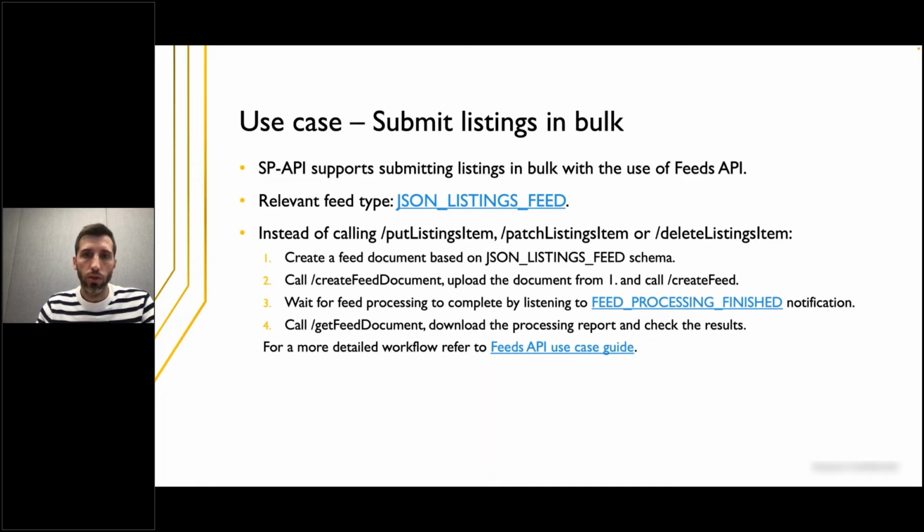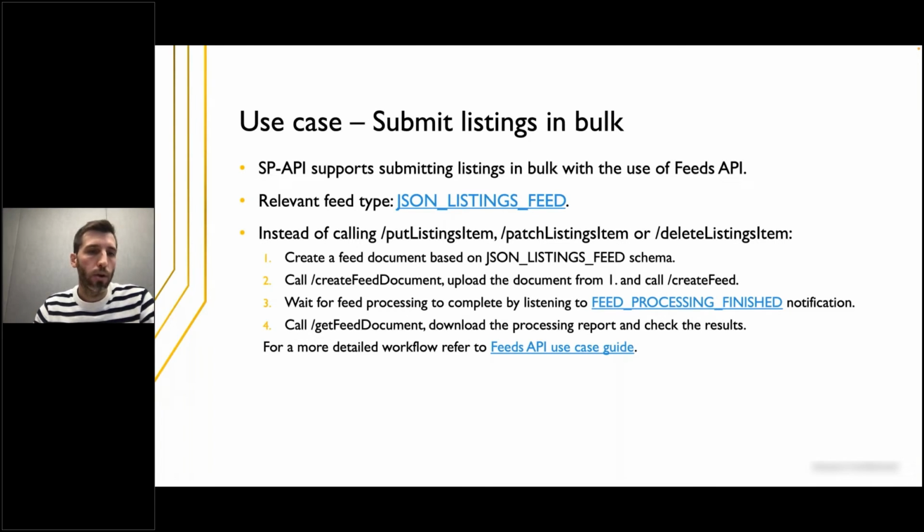However, something that is important to mention is that even though we are using a different API, the feeds API in this case, the input data that you are submitting to Amazon looks exactly the same as the data that you submit using the listings API. So you don't really need to implement different logic for when you submit one by one and when you submit in bulk. Creating the JSON document that will be submitted to Amazon is a one-time effort, because it can be used in both the one-by-one submission and also in the feeds API submission.